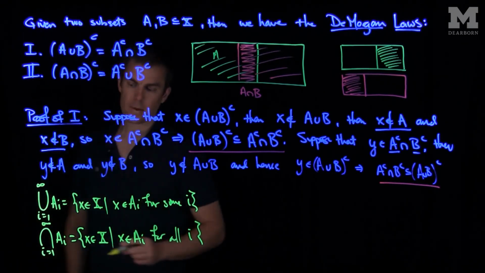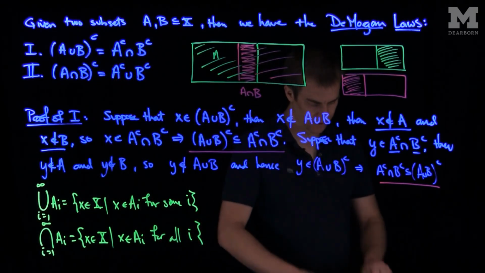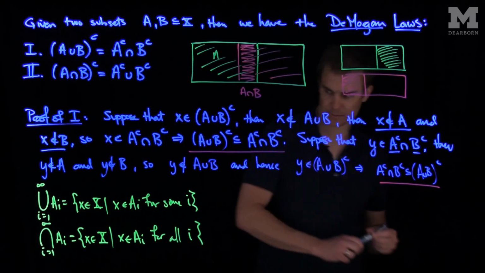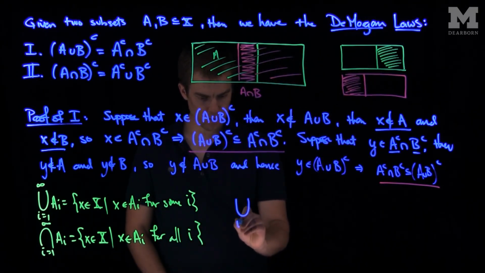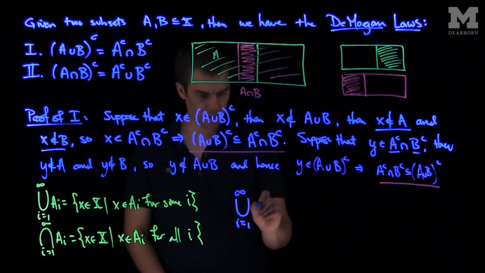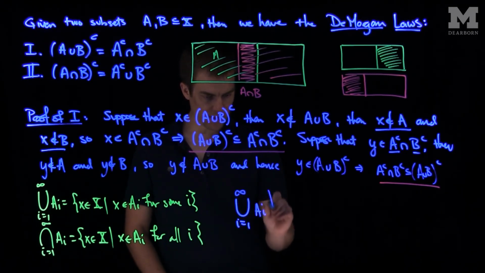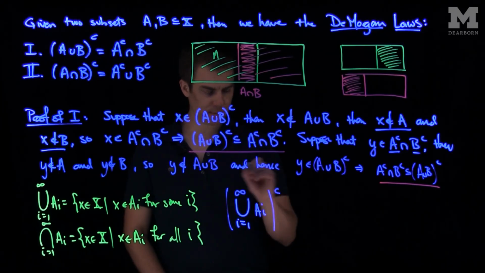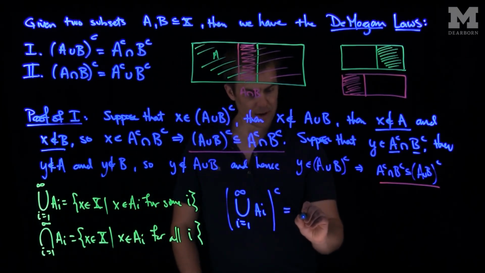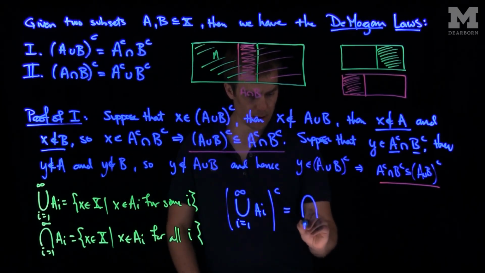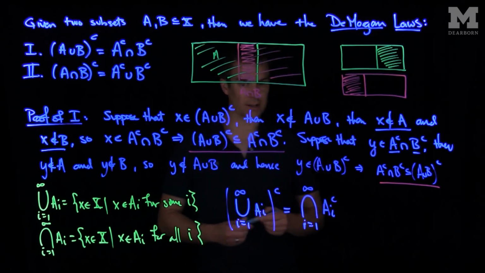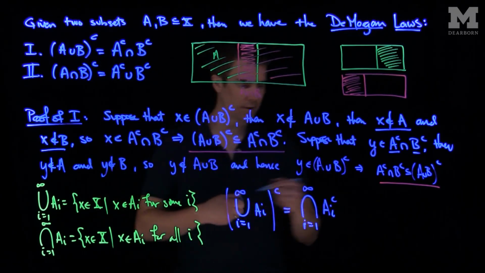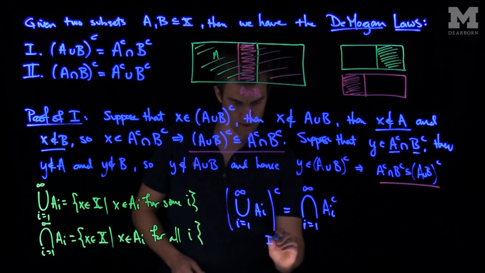And so what did the DeMorgan Laws say for this? Well, the DeMorgan Law says, if I look at the union from i goes from 1 to infinity of A_i, and then take the complement of this whole infinite union, this will be equal to the intersection from i goes from 1 to infinity of A_i complement. That would be the analog of number 1.